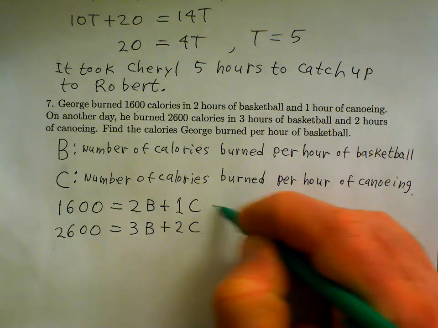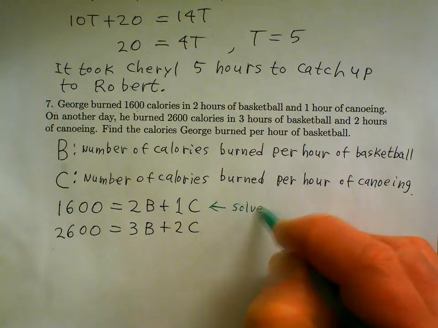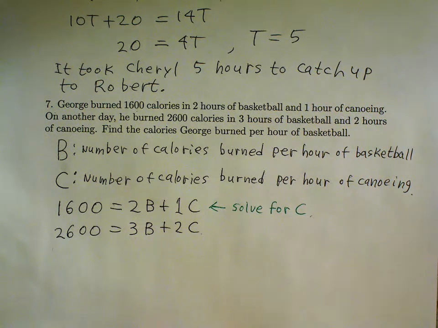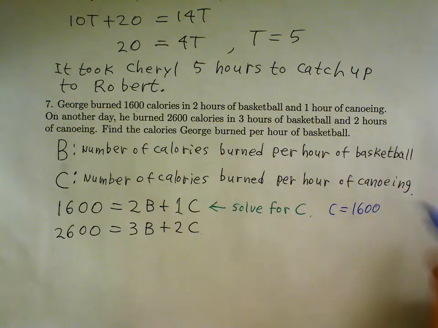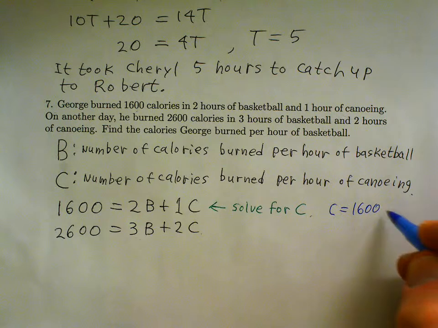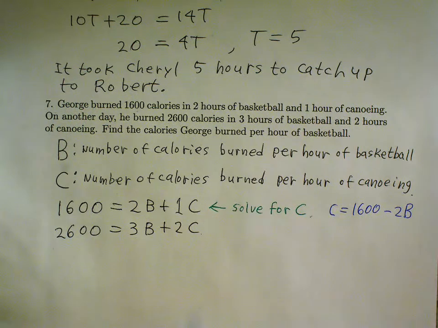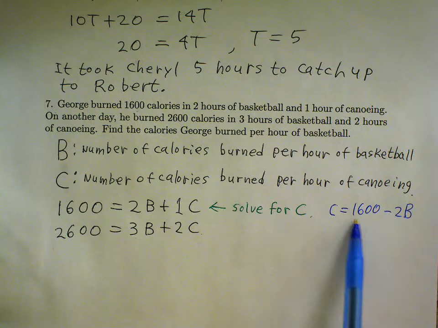Okay, I'm going to use substitution and solve the top equation for C. So 1C is the same as C, so all we have to do is subtract 2B from both sides. So C is 1600 minus 2B. And then in the other equation, we can replace C with 1600 minus 2B.